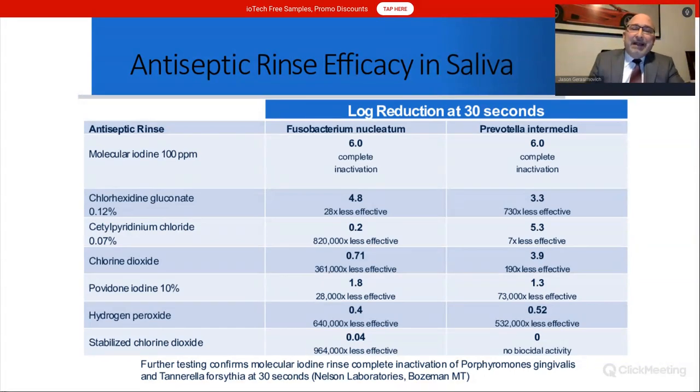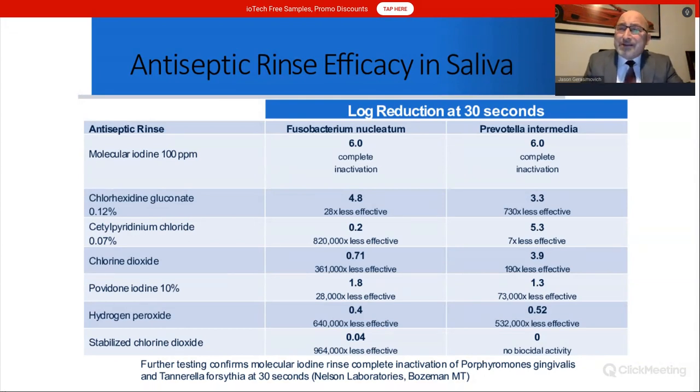That bottle is what was tested here. And by the way, Porphyromonas gingivalis and Tannerella forsythia, you can see in 30 seconds were also tested, and we were able to wipe them out.